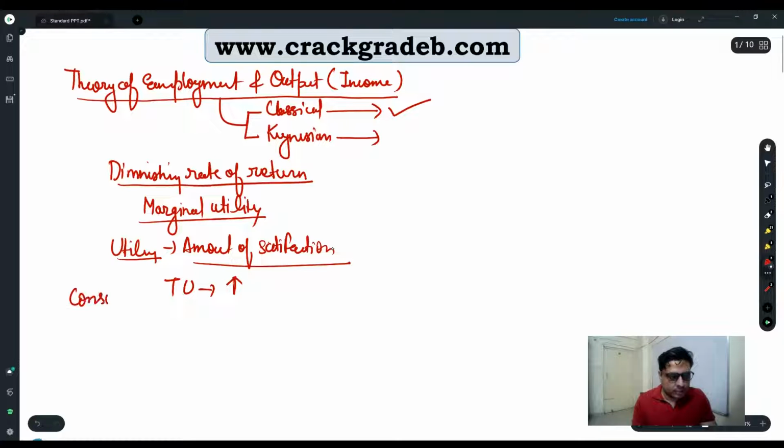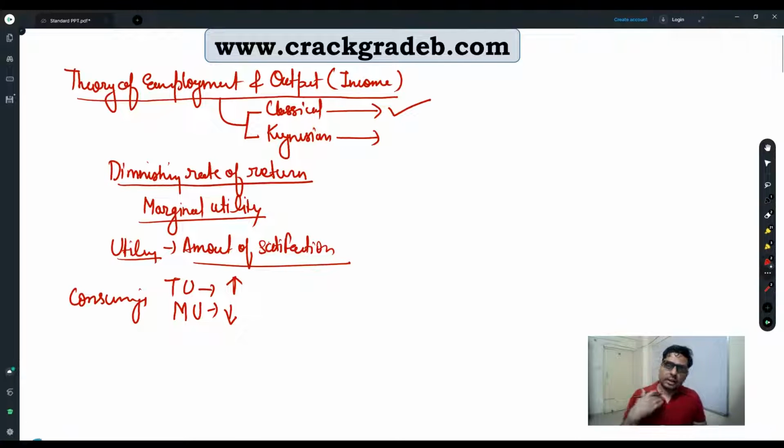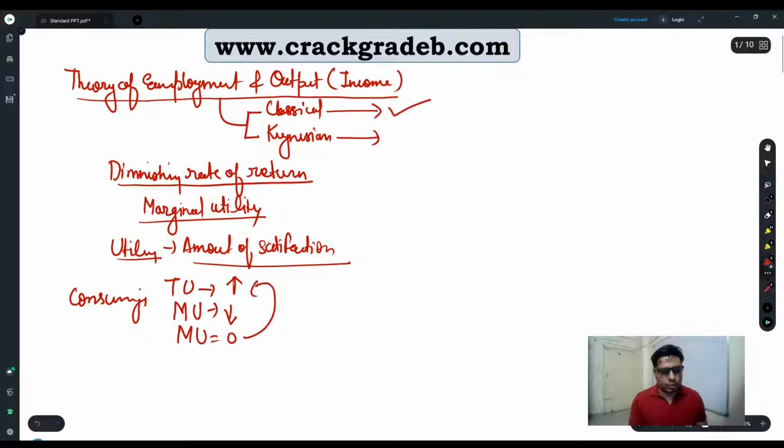And as our total satisfaction level increases, the per unit satisfaction, that is marginal utility, will start decreasing. When it becomes zero, marginal utility is zero, that is going to be the total satisfaction.